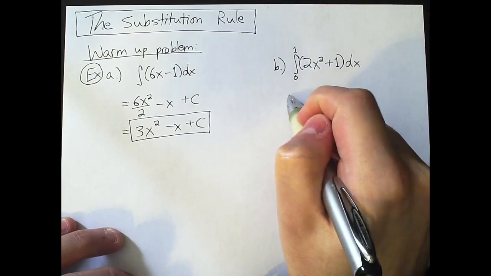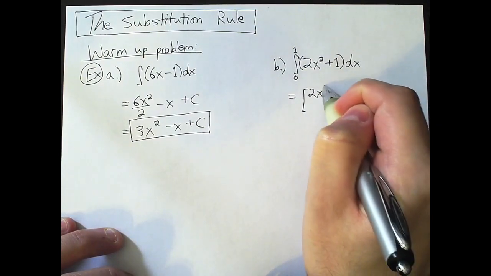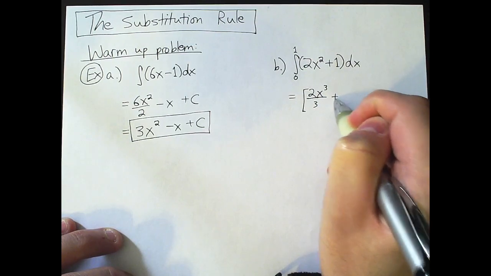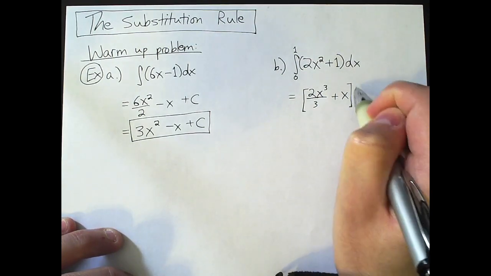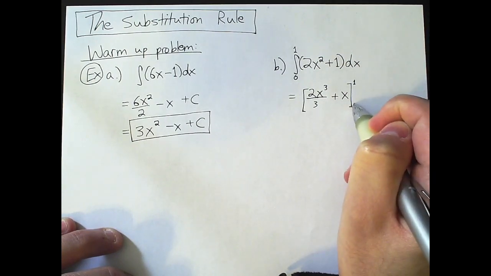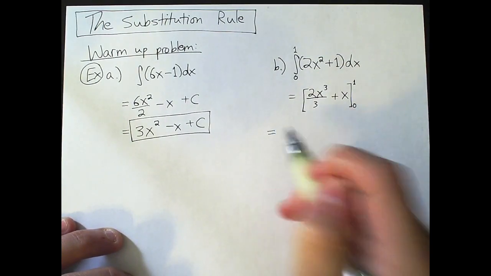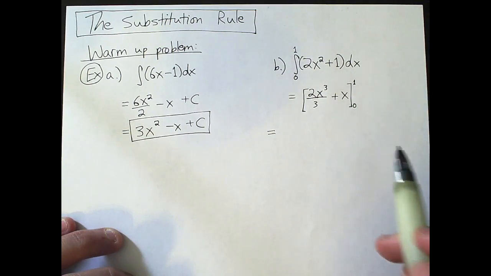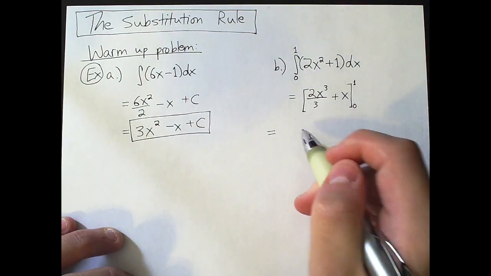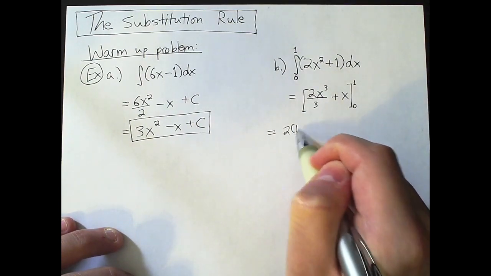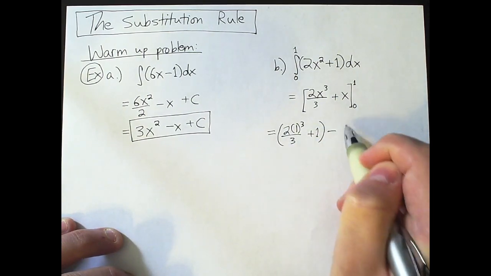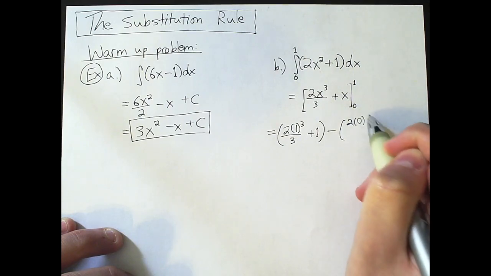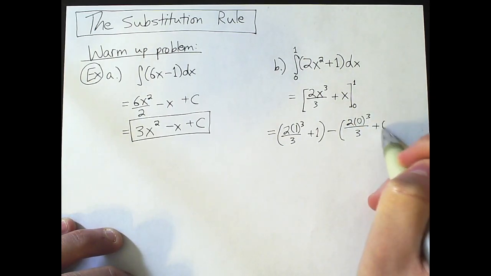So I get 2x to the third over 3 plus the integral of 1 is going to be x. We'll put the 1 and the 0 out here so that in the next step, we're going to evaluate at 1, evaluate at 0, and let's see. 2 times 1 cubed over 3 plus 1 minus 2 times 0 cubed over 3 plus 0.